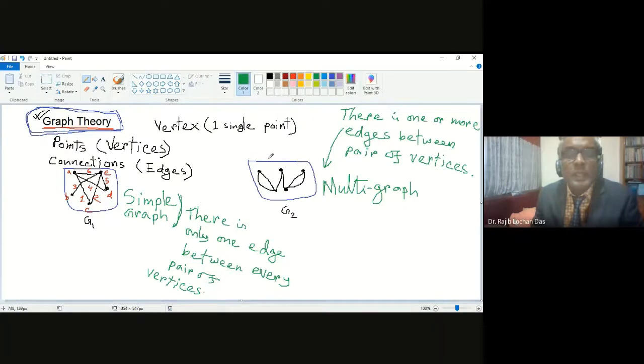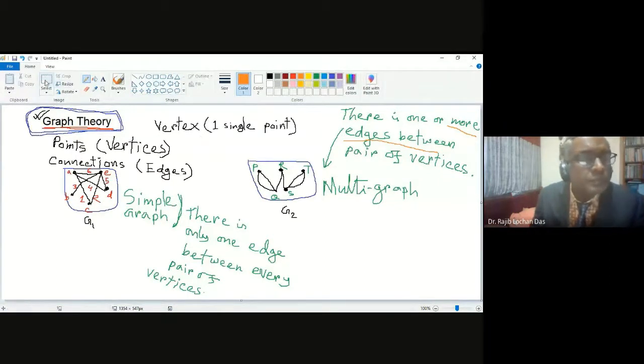Say you have point P, then Q, then R, then S, then T. So there are 5 points. If you think about Q and R, you see only one connection. But if you think about PQ, then there is more than one connection. The main point is there must be more than one connection. If you see more than one connection somewhere, that graph will be called a multigraph.